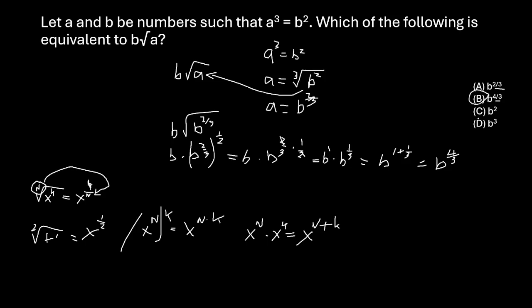So we see this one is a difficult one because you have to know three different identities of how you take the power of something, and that's why it is a difficult problem.